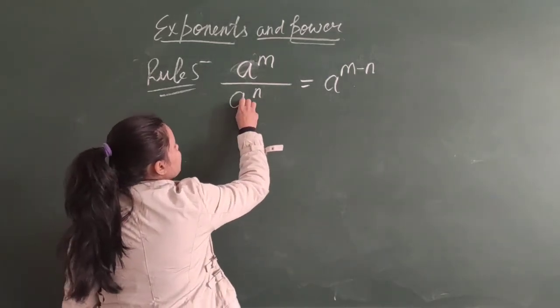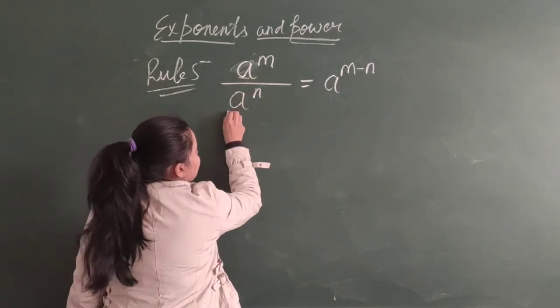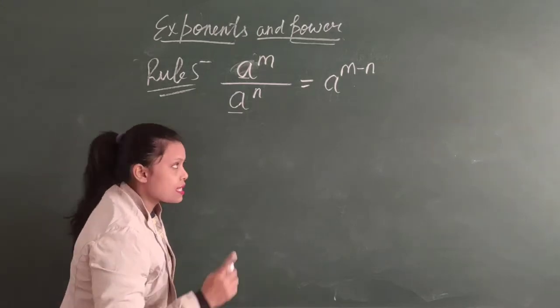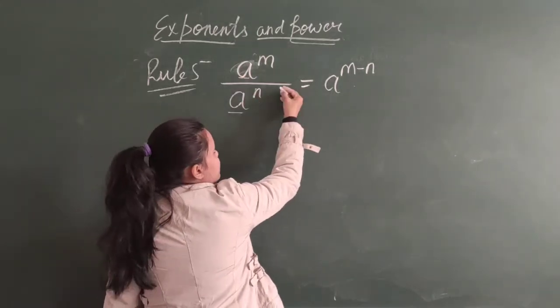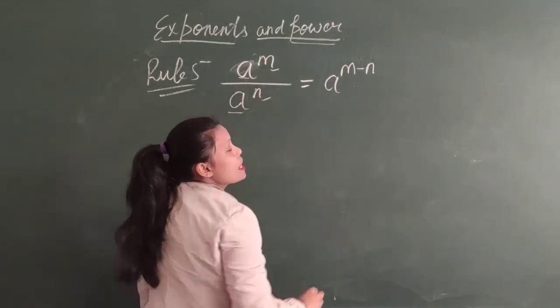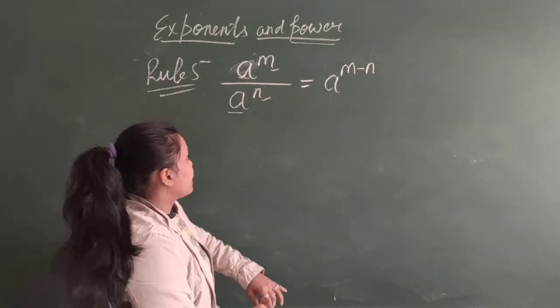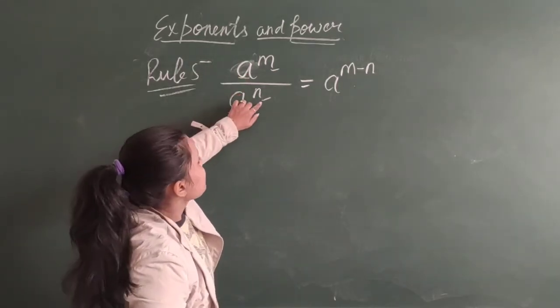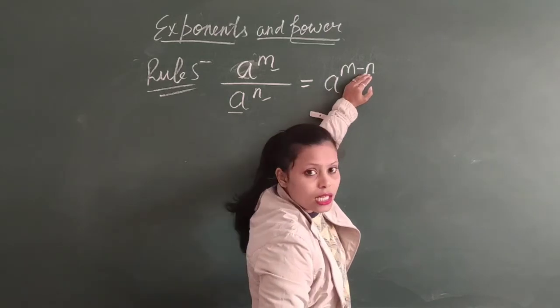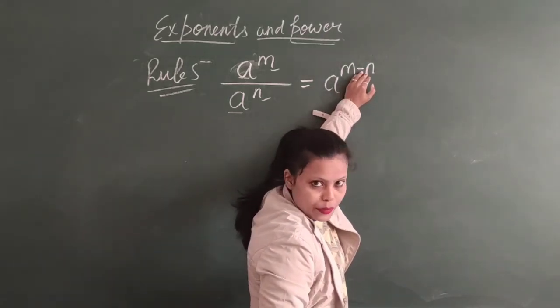Here it is given a, that means the base value is the same, but the powers are different. They will always get subtracted.